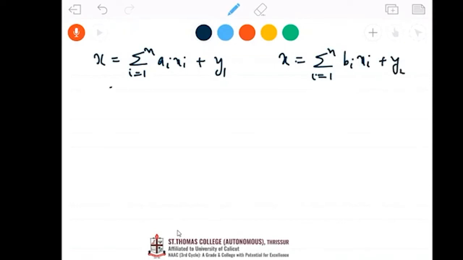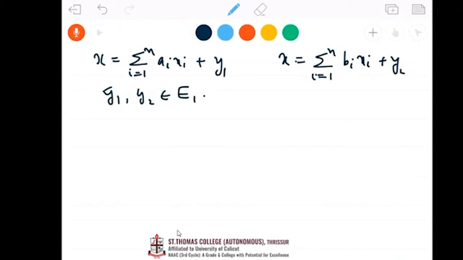Okay, where this y1 and y2 are in E1. The ai's and bi's are scalars.